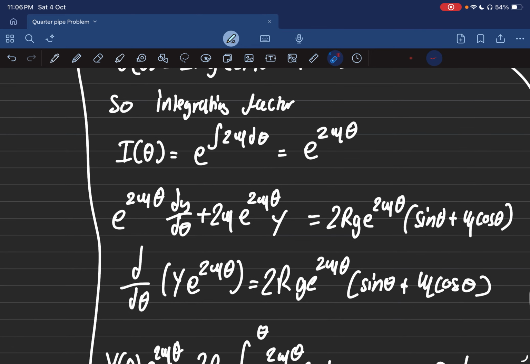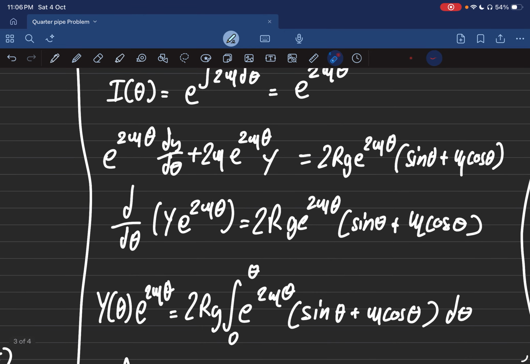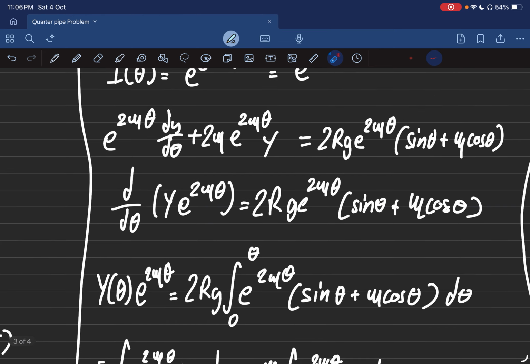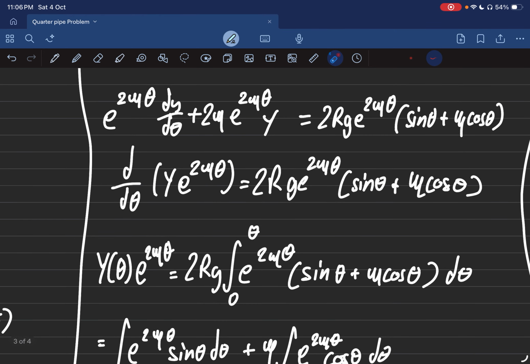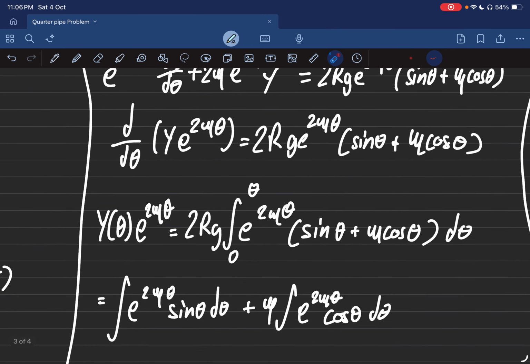We're chilling. Times everything by the integrating factor, as we know. And then integrate this. Differentiate this. This is the derivative of this. This is just basic integrating factor ODEs. Look into it.